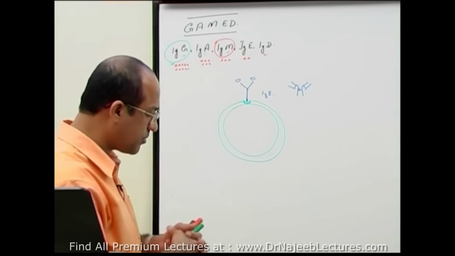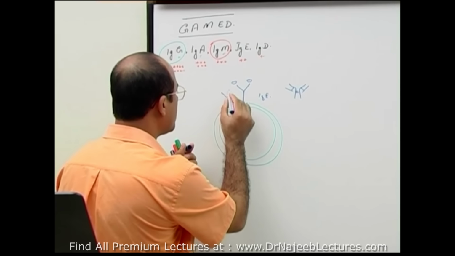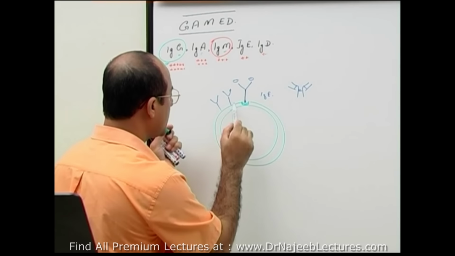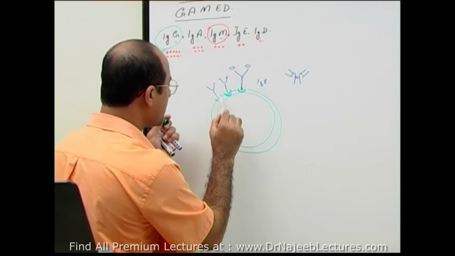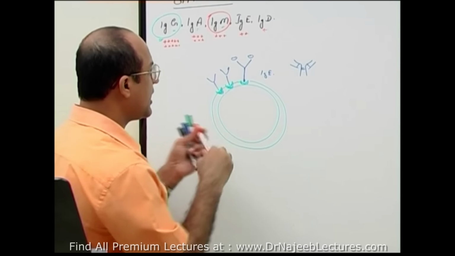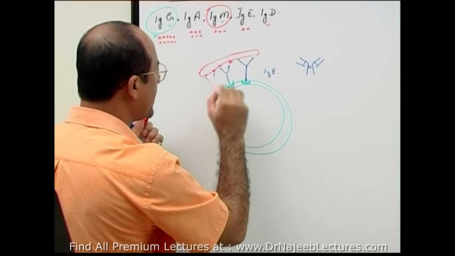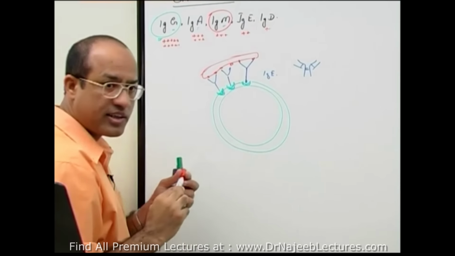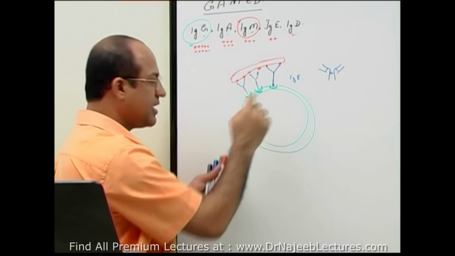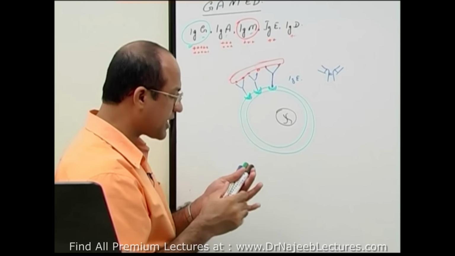it binds with the IgE antibodies. Actually, allergen usually cross-links multiple IgE. These are the IgE antibodies previously formed and loaded on the mast cell receptors. When the allergen comes, suppose this is an allergen, it will bind with multiple IgE molecules on the mast cells, and they will come together and give signals to the mast cell, and the mast cell will be activated.